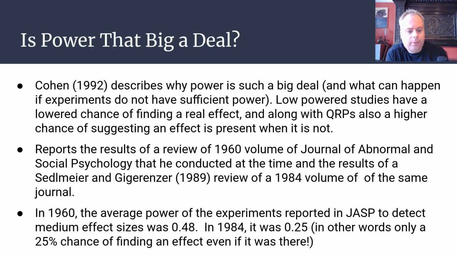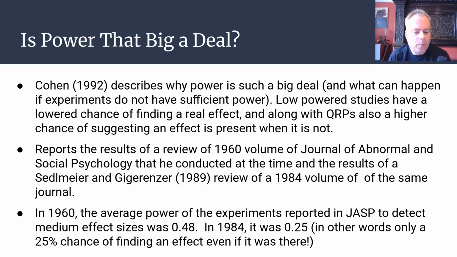The results of a review that Cohen conducted of a 1960 volume of the Journal of Abnormal and Social Psychology, and the results of a more recent review of a 1984 volume of the same journal, were compared. It was found that in 1960, the average power of experiments reported in the journal was about 0.48.